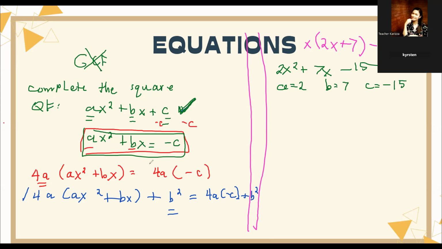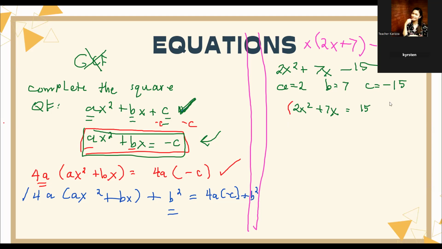So isolate c. We have 2x squared plus 7x is equal to positive 15.